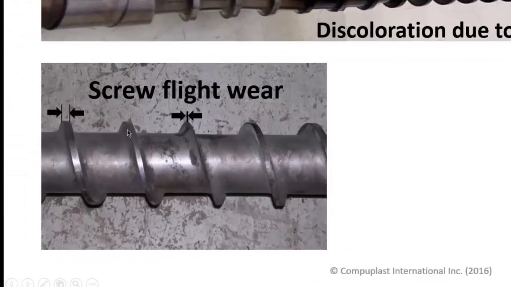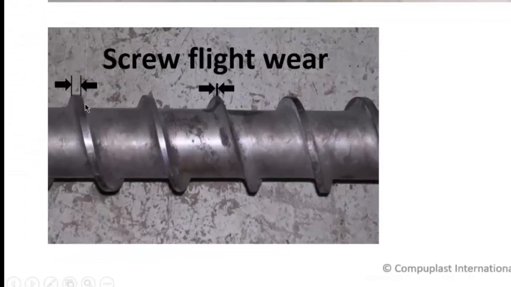The next image shows the flight wear due to very high surface stress. You can see here where there's a definite flight width, and then narrowing of the flight right down to a knife edge at this point. And the pellets have actually worn away the metal of the flight.